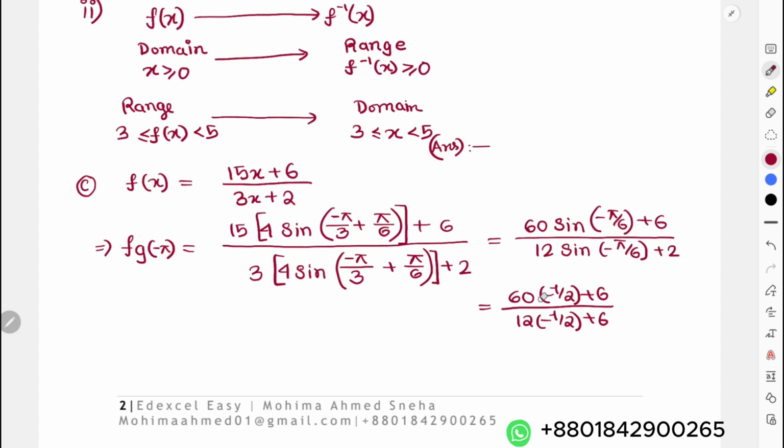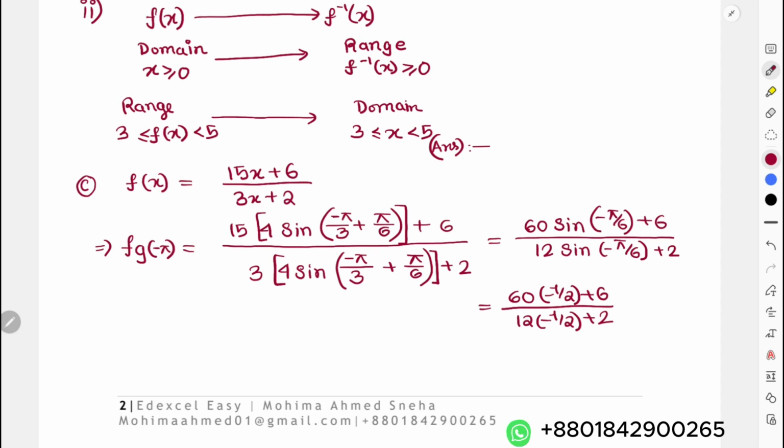So finally you can write minus 30 plus 6 over minus 6 plus 6. Oh wait, sorry, I made a mistake. This was actually positive 2, right? So you get 60 times negative 0.5 plus 6 over 12 times negative 0.5 plus 2. And that is actually, maybe I made a mistake somewhere, one minute.